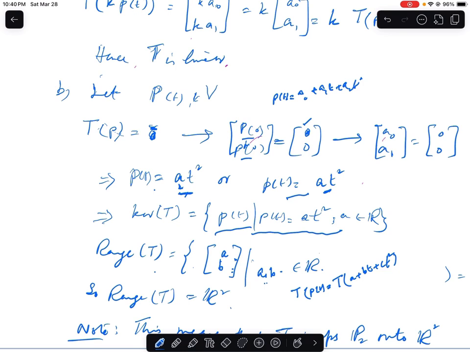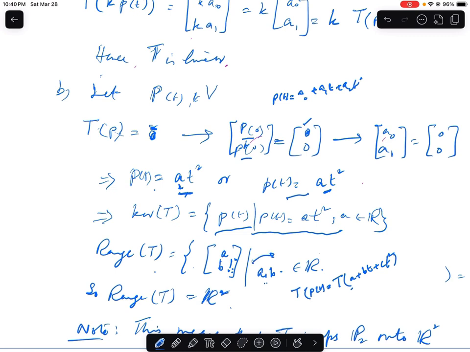So will there be a polynomial of this type for any values here? Yes. So it means the range is the whole R2. But what are the basis vectors?